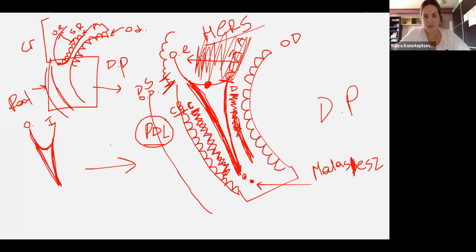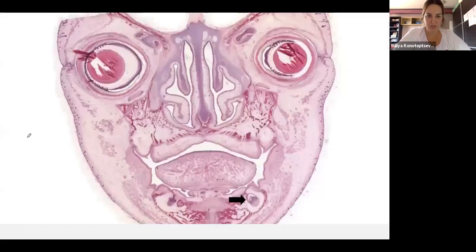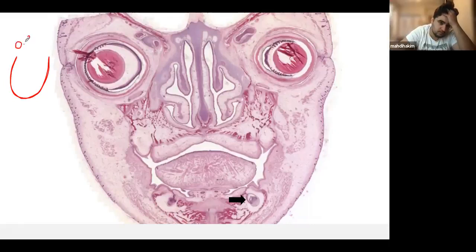Okay, let's do it again, but on this slide right here. One by one, you're going to tell me. So this is your tissue. We started like this. What is this? Outer enamel epithelium.